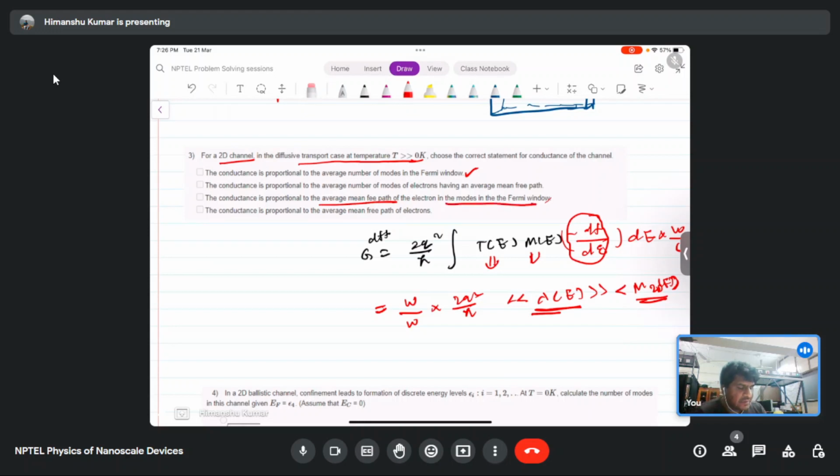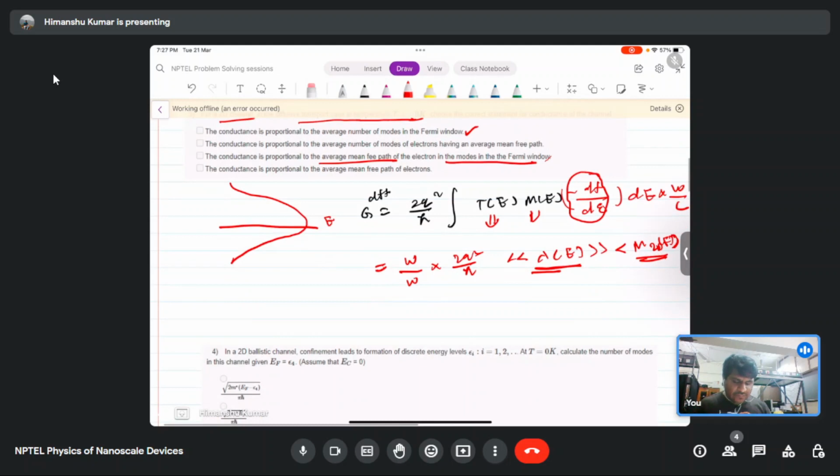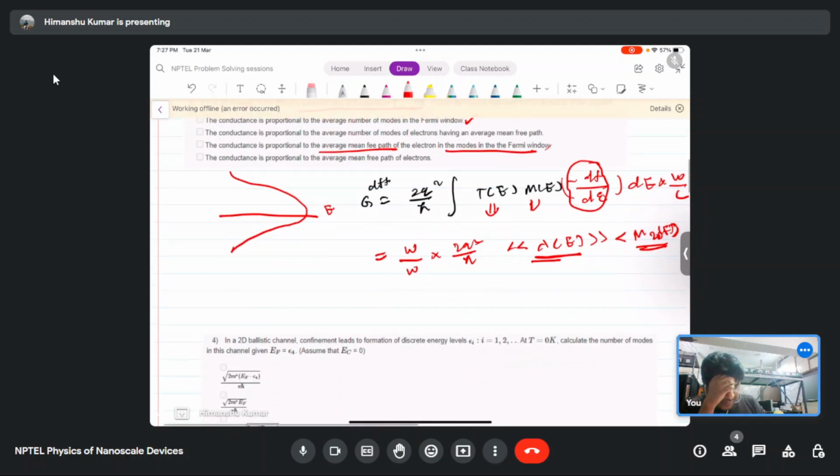All the modes you talk about will be in the Fermi window only. So near this df over dE, near this EF, is basically your Fermi window. So you need to take this Fermi window into account also.